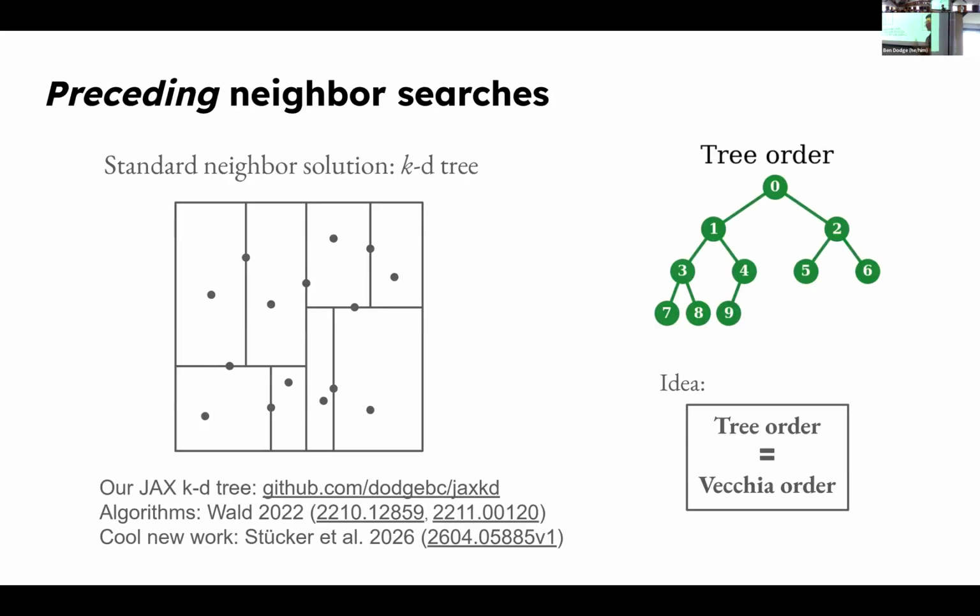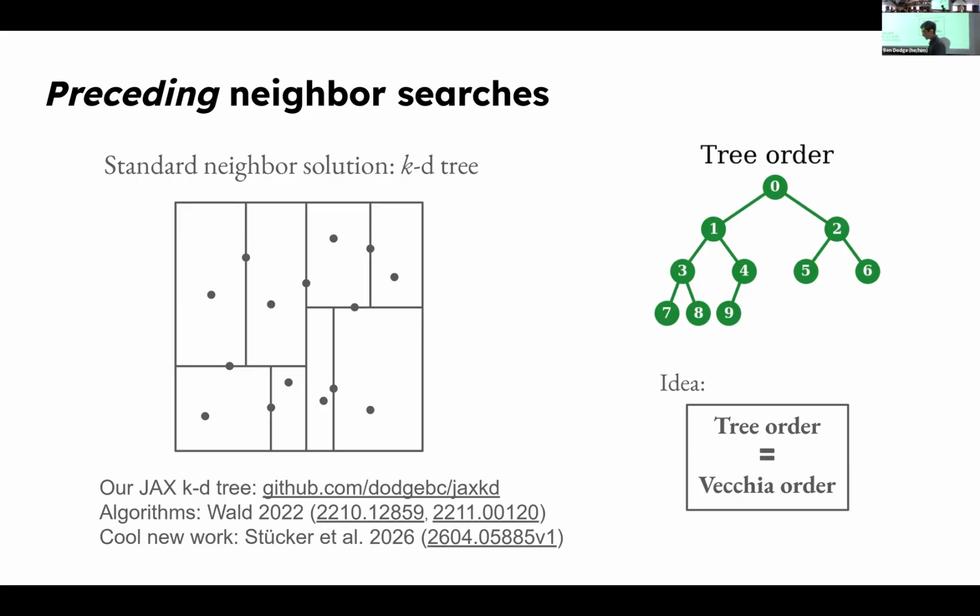So neighbor search, we've all studied forever. The standard solution is to build a KD tree, which partitions points into kind of quadrants and then can prune large sections of space, throwing out huge amounts of points on the basis that they could not possibly have a nearest neighbor because they're all more than X distance away.